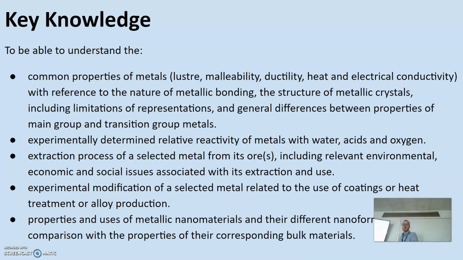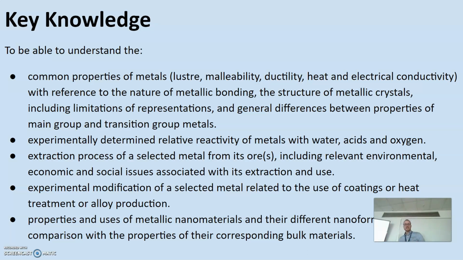We've done water with our group 1, and we're going to glaze over that a bit because we talk about reactivity again in Unit 2 in greater detail. Extraction process, that's something we're actually going to glaze over because it's not that important. For Unit 4, we do look at electrolysis of a metal in Unit 3, but that comes up later. The type of extraction process we look at in Unit 1 is not all that important.